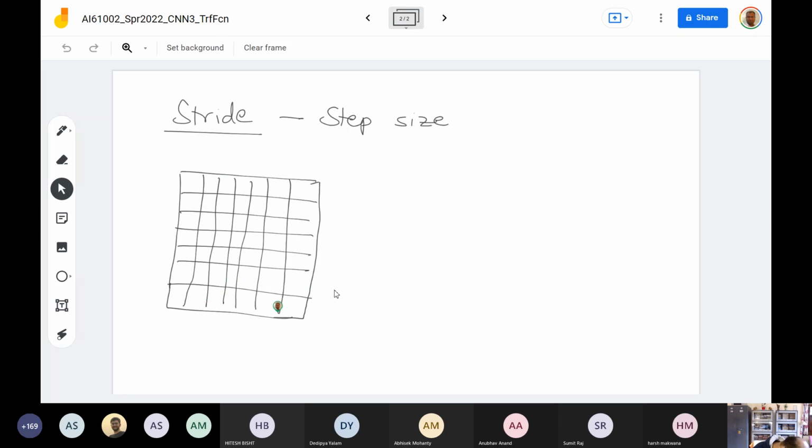One example is with stride equal to 1, another is with stride equal to 2.